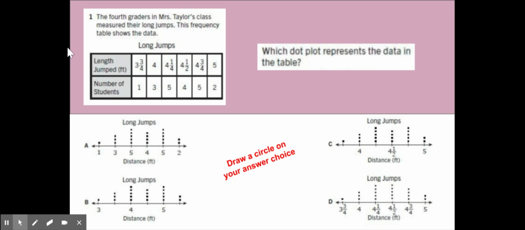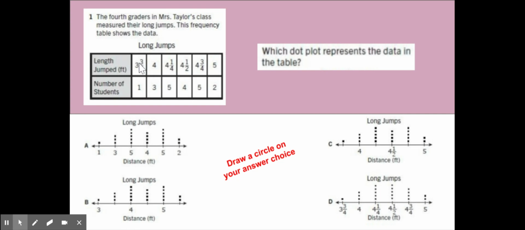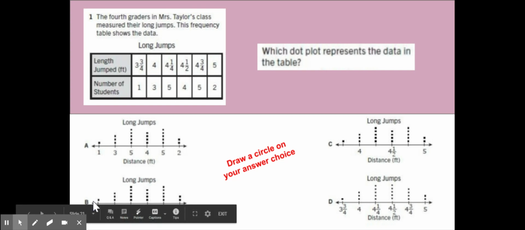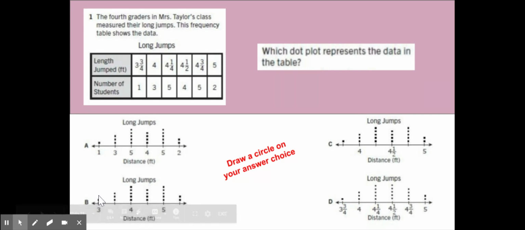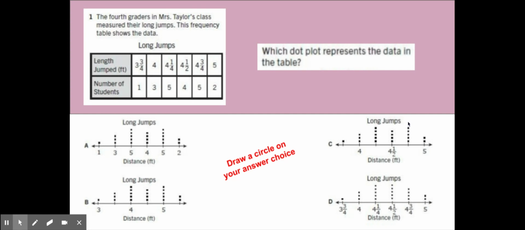Well, if those bottom numbers represent the distance down over there, that means we should be starting off at 3 3/4, not 3. And we didn't have any students that jumped 3 feet. This is not an about or an estimation. This has to be what it's stating here. So B would be incorrect because we had no students that jumped 3 feet, and we had no students that jumped 3.5 feet either.